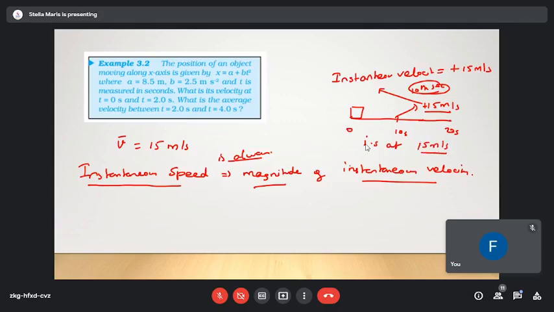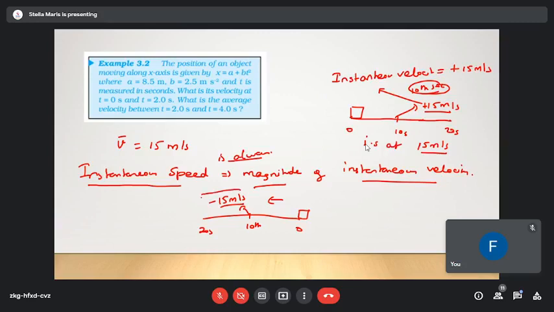For another example, let's say the body is moving in the negative direction, 0 to 20 seconds, and we find the velocity of that body at the 10th second. Here it seems to be minus 15 meter per second.